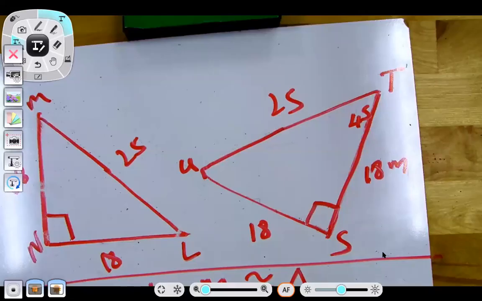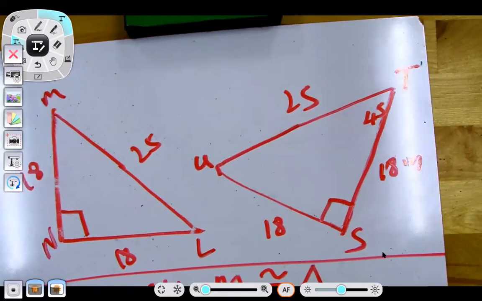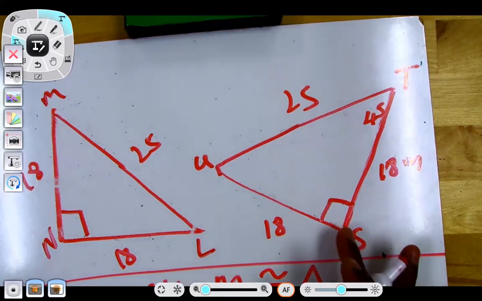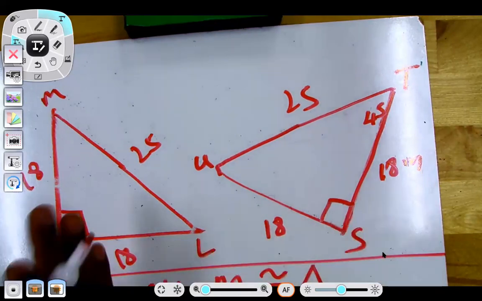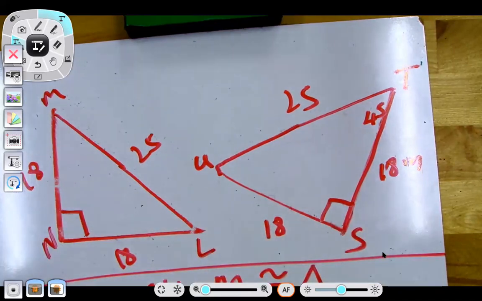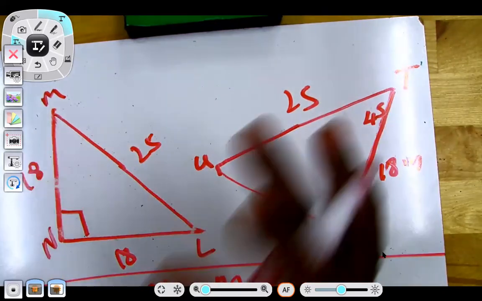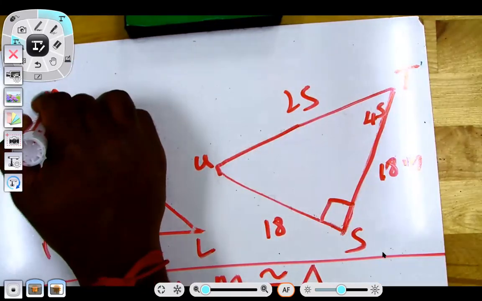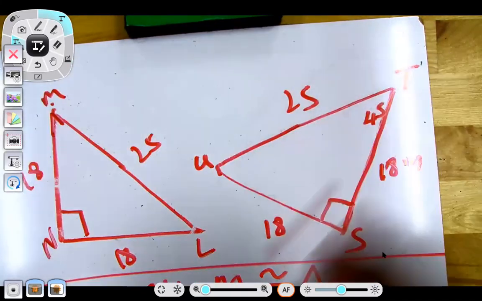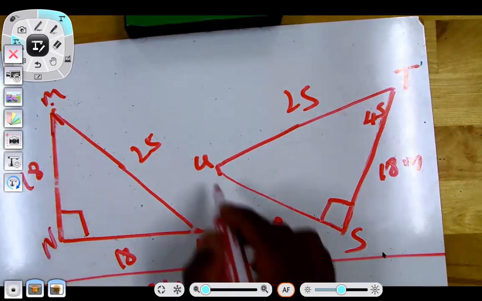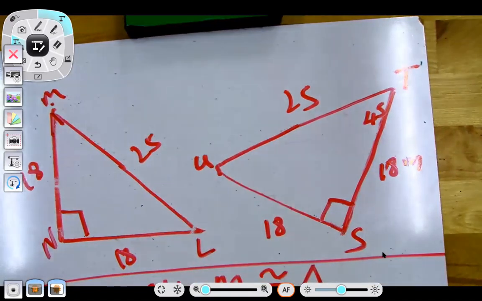So we have two triangles, NLM, which look exactly the same. We're just going to move this and put it on top of it. And then we will see which vertex aligns: here M and here T, are they going to align, or U and L and S?